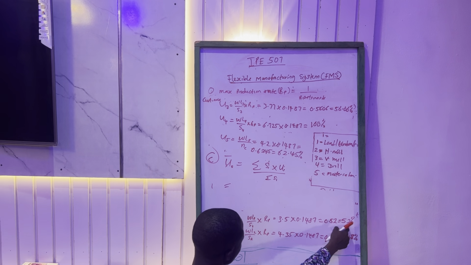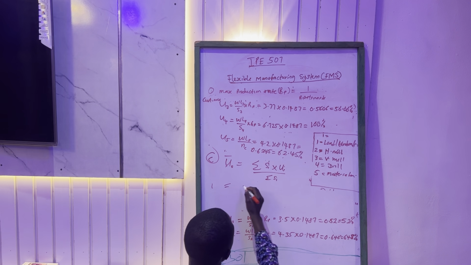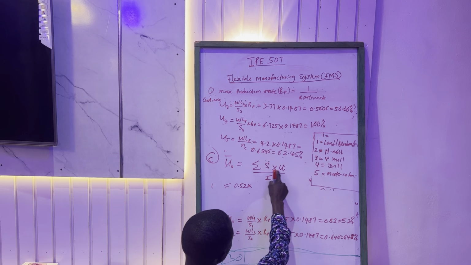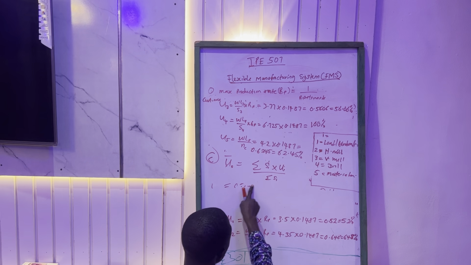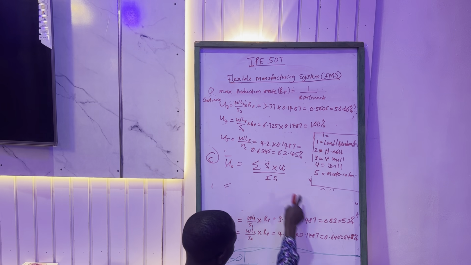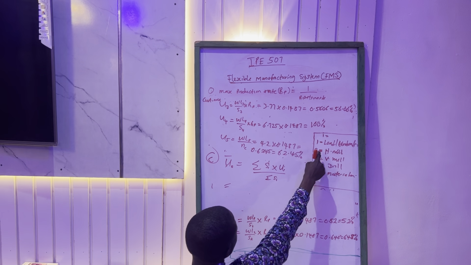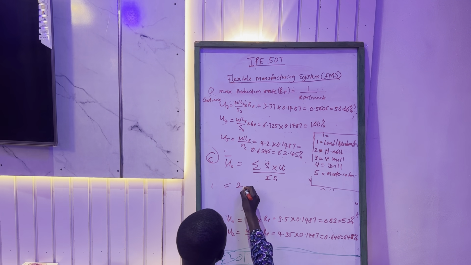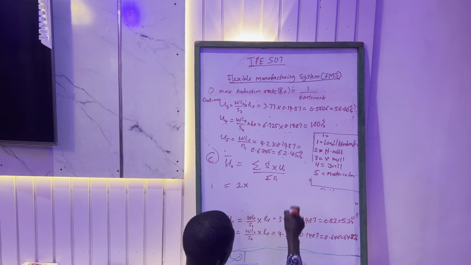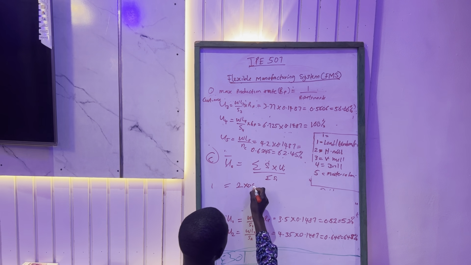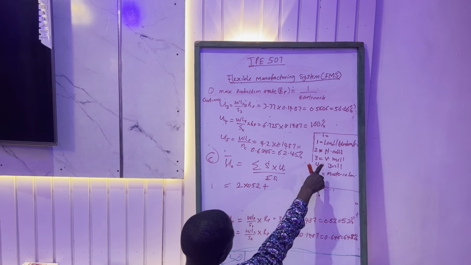We are not using the percentage. We have 0.52 times the number of servers for load and unload, which was given in the question to be 2, times 0.52, then plus that of the horizontal mean.